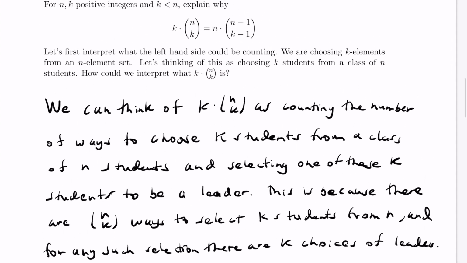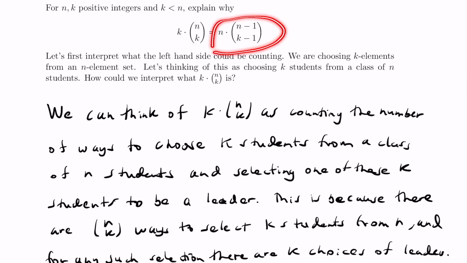Now, this is supposed to equal some other count. And so we think of the question of how we can do this process in a completely different way. Well, the process involved two things, selecting the group of students and then selecting a leader. We could have instead selected the leader first and then selected the remaining students to fill the group of k students overall.